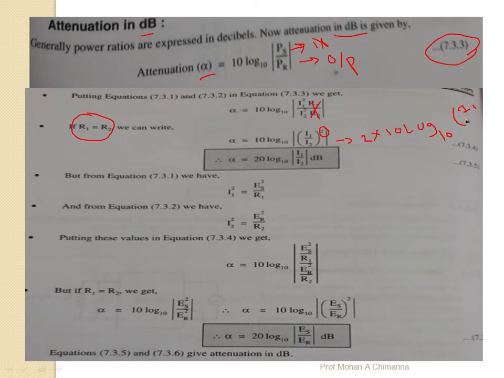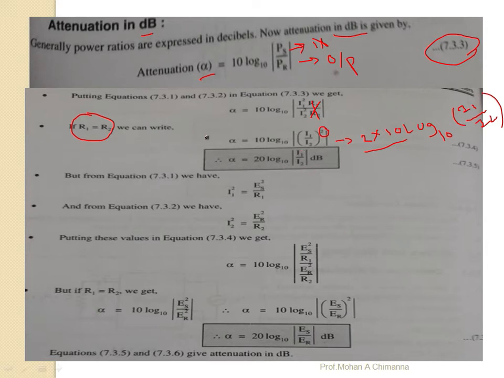So 10 into 2 is 20, and your attenuation factor alpha is equal to 20 log to the base 10 of I1 upon I2 in decibel unit.